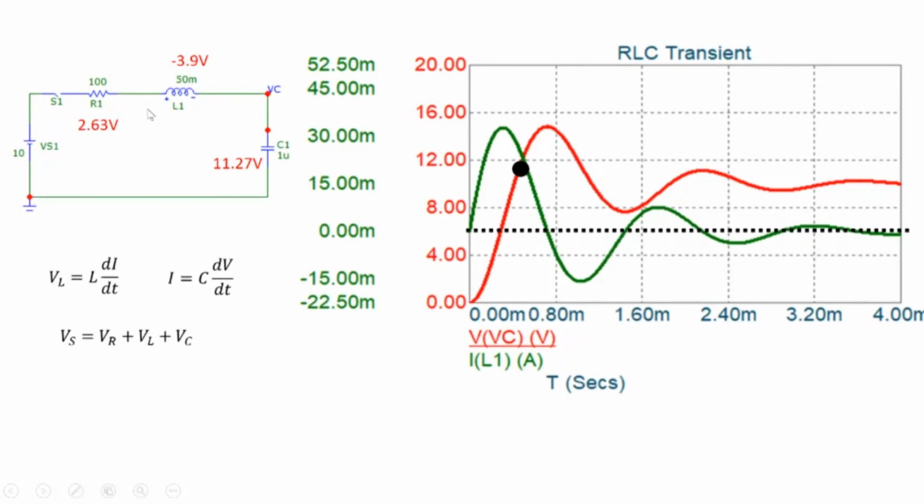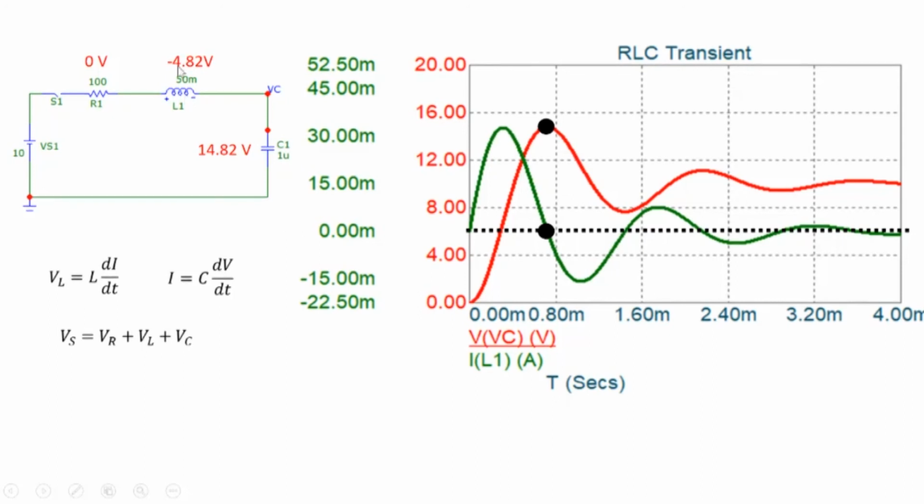The current, which is large in the circuit, has charged up the capacitor to a larger value, and the capacitor keeps on charging. So let's go to this point here, where the inductor current falls to 0. The drop across the resistor is 0 here, and the capacitor is charged to 14.82. And to maintain KVL, we can see here there is minus 4.82.